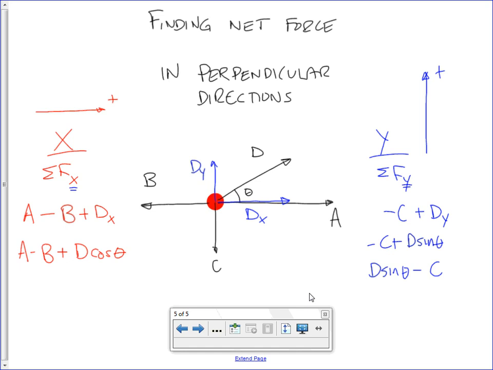Y direction forces have nothing at all to do with what happens to an object's motion horizontally. Horizontal forces have nothing at all to do with what an object's motion is like vertically. So it's important for us to really separate those quantities, and that's why it's so important in our look at projectile motion.